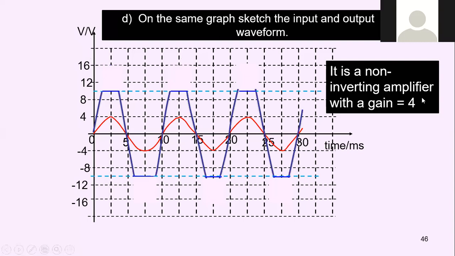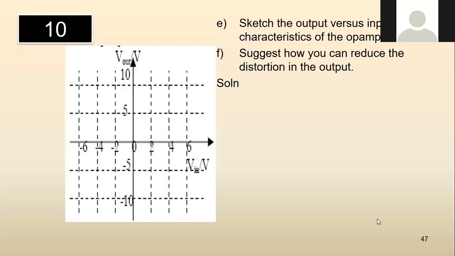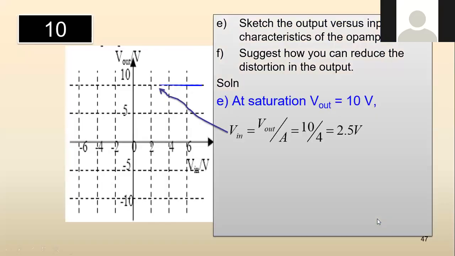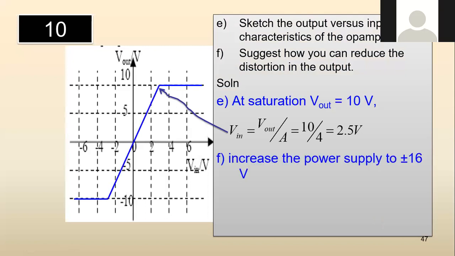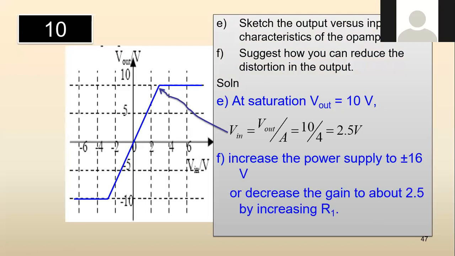Alternatively, reduce the gain. Instead of 4, we can use a gain of 2.5, which will be just nice, because 4 times 2.5 is 10. So there are two things we can do: increase the power supply to plus minus 16 volt, or reduce the gain to 2.5 or smaller by increasing R1.